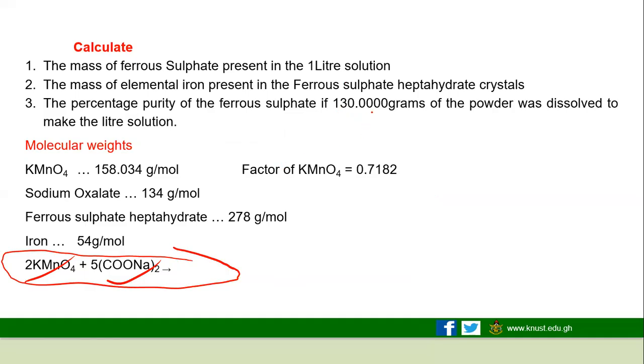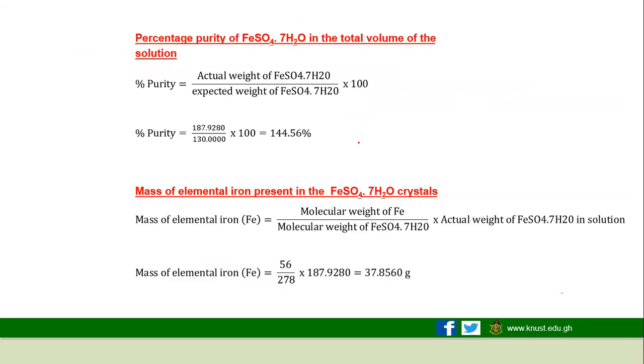Okay, so we measured 130 grams of the powder to make up that 1 liter solution. That means the expected amount was 130 and the actual was 187.928. So we divide the actual by the expected and multiply by 100, and we get 144.56. Very simple.